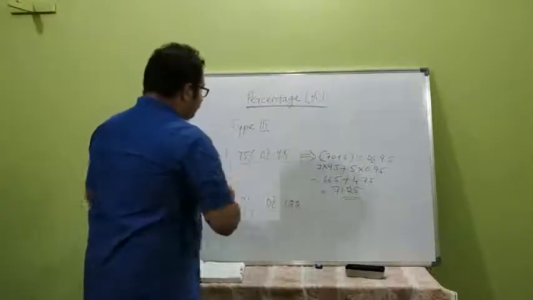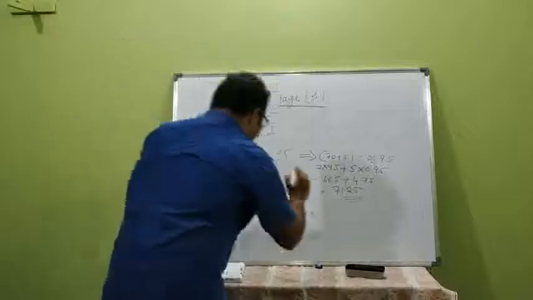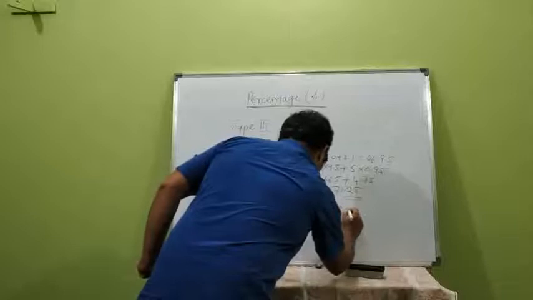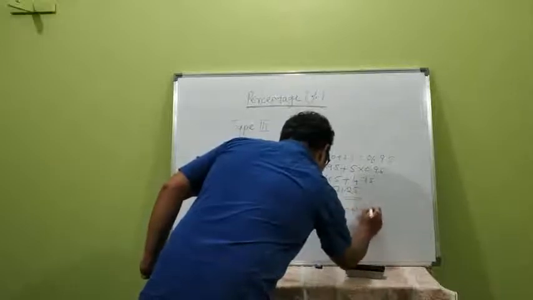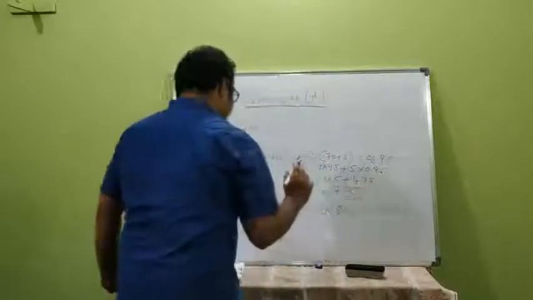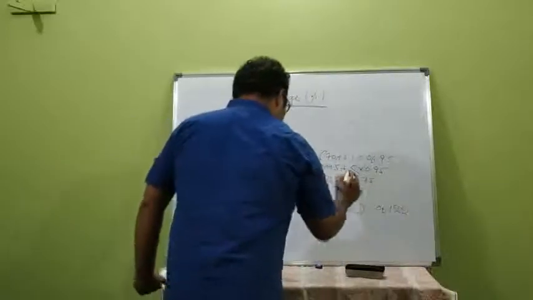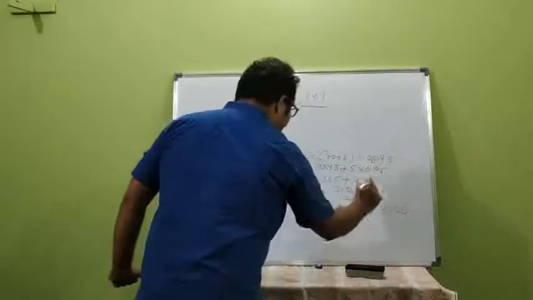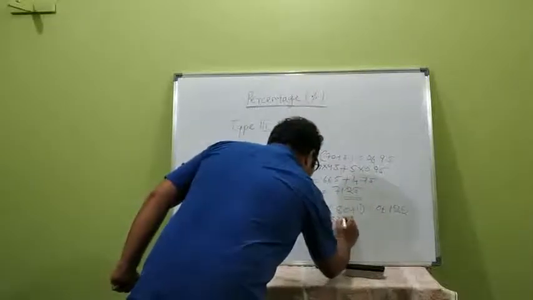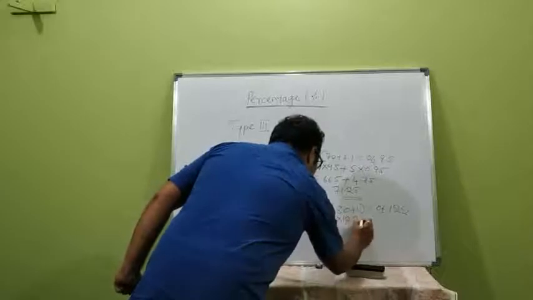Let's continue with the second example. 81% of 122. You can split it as 80 plus 1% of 122. In the same way, 10% of 122 is 12.2. Just cancelling the 0, 8 into 12.2 gives 97.6.